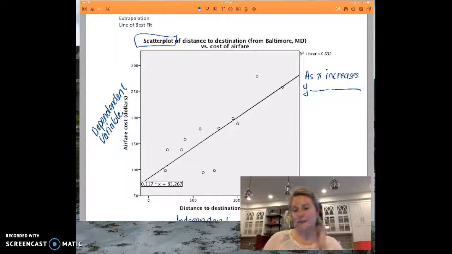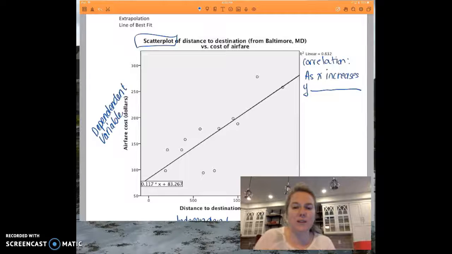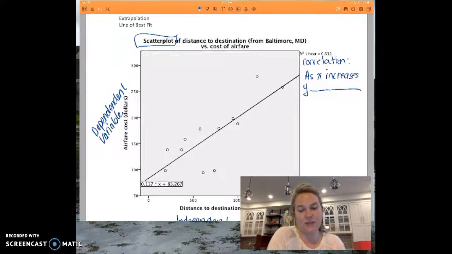y what? So for the correlation, as x increases, what happens to y? In this case, when we look at the graph, we could say, okay, as x increases, so as we move to the right on the x-axis from 0 to 500 to 1,000 to 1,500, y is also increasing.